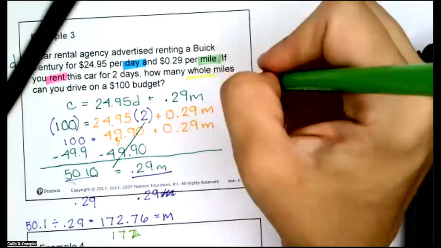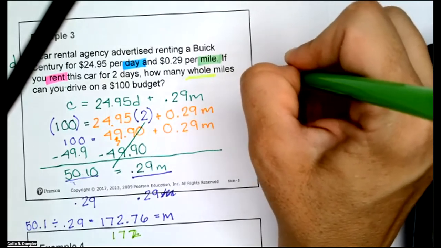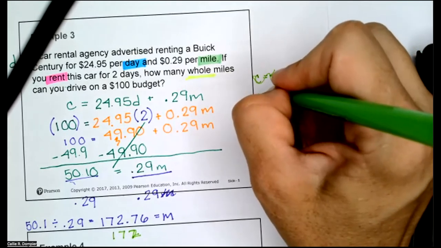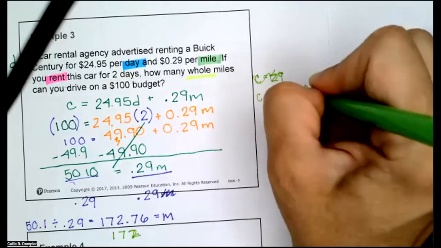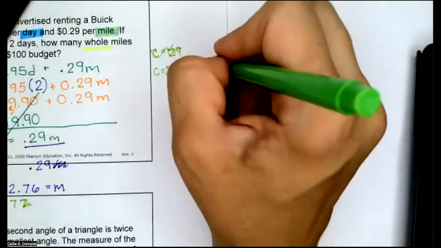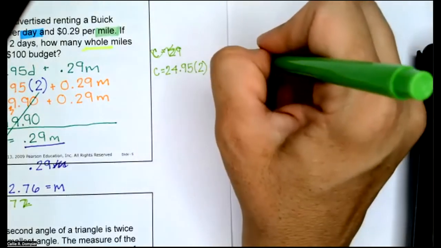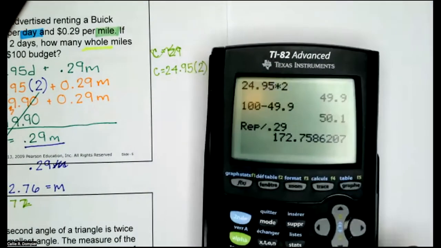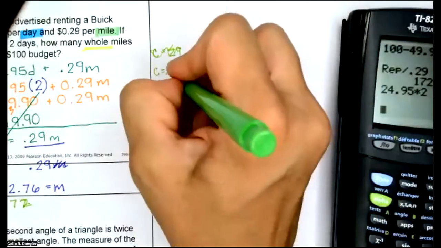Good. I can put it back into my equation. My cost is 24.95 times 2 plus 0.29 times 172 only. If I put that into my calculator, 24.95 times 2 days is still 49.9.